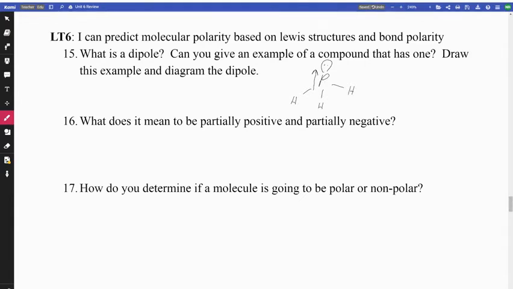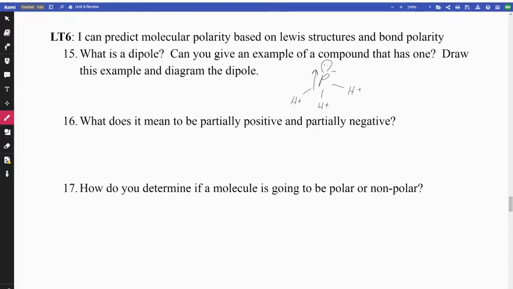So the electrons are kind of hanging out more towards the P than the H's. So the density of electrons around the P is greater. And since electrons are negative, we have a partially negative charge around the P and a partially positive charge around the H's.